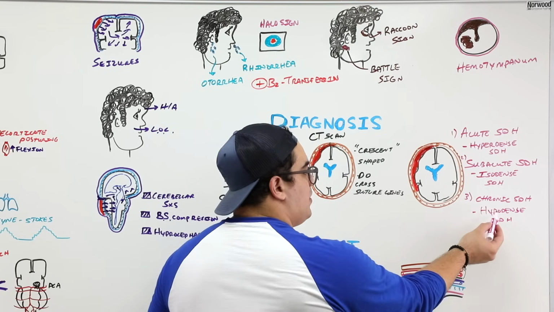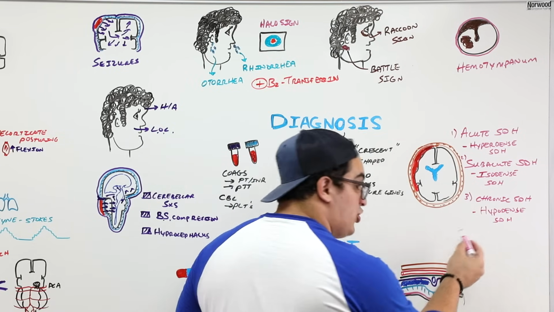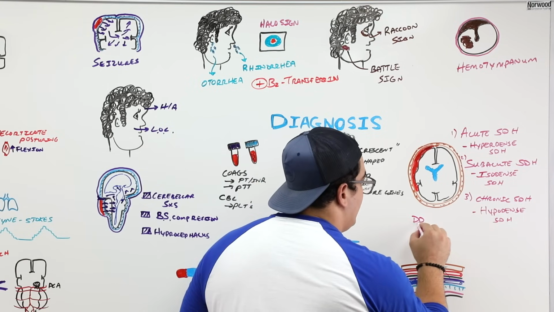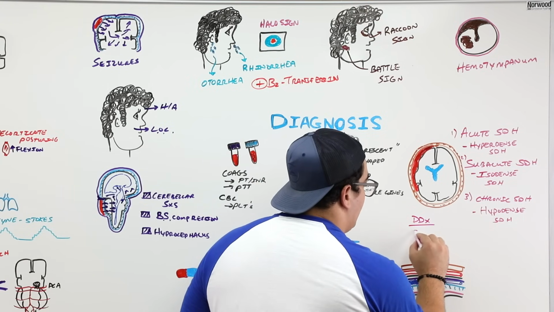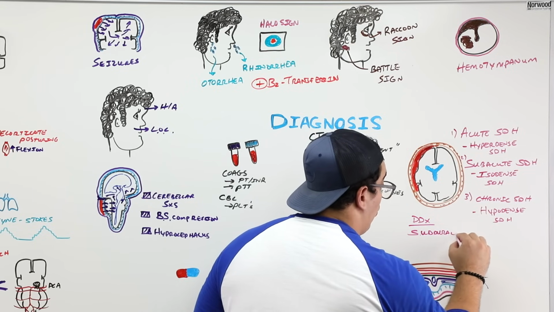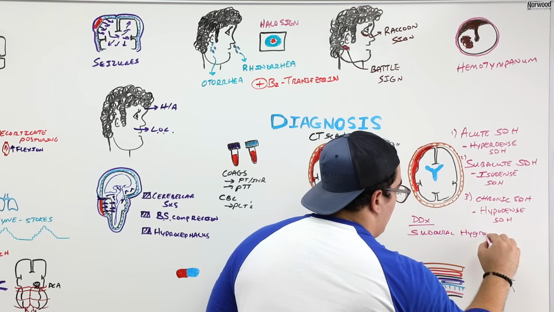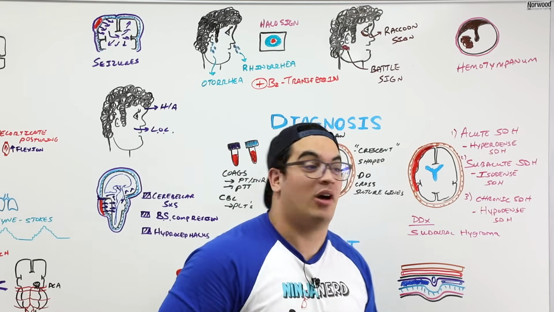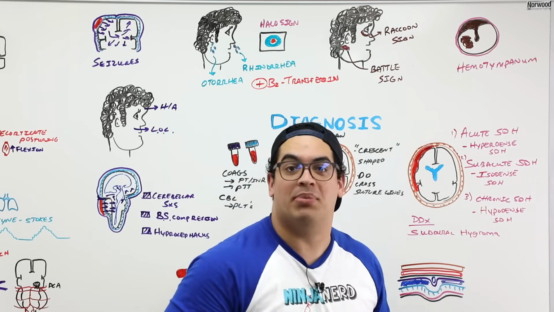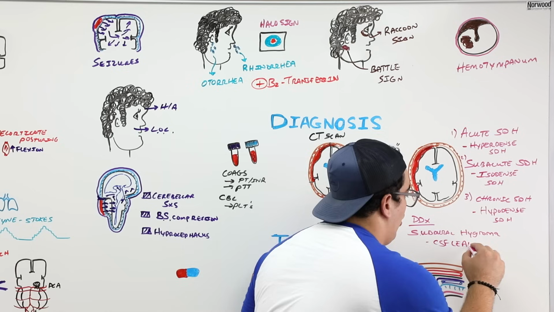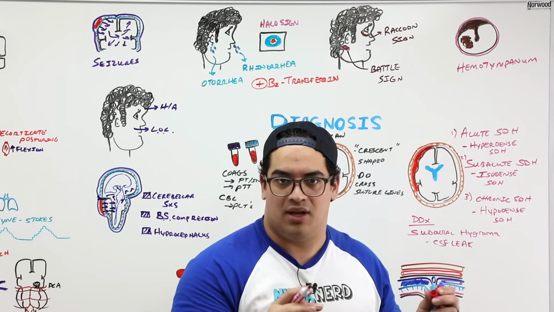Now here's the big thing to remember. When someone presents with a chronic subdural hematoma and it really looks dark, that's what hypodense means, it's dark, you have to be having a differential diagnosis of what's called a subdural hygroma. Because subdural hygromas can look just like a chronic subdural hematoma, but it's actually not really due to a bleed, it's due to some type of CSF leak, like a tear within the arachnoid matter of some kind.